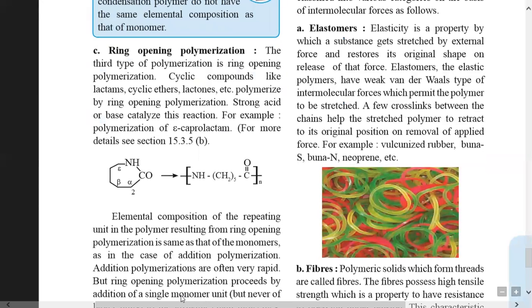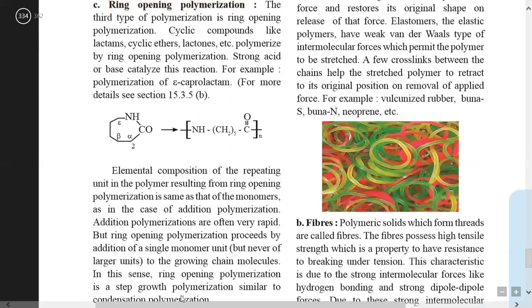Then the third type of polymerization is called ring opening polymerization. Here the example given is the preparation of nylon 6. It is the third type of polymerization, the ring opening polymerization. Cyclic compounds like lactams or cyclic ethers or lactones polymerize and ring opening takes place by using a strong acid or base that catalyzes the reaction.